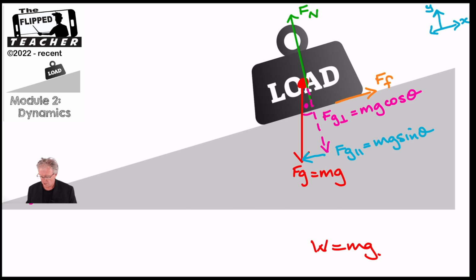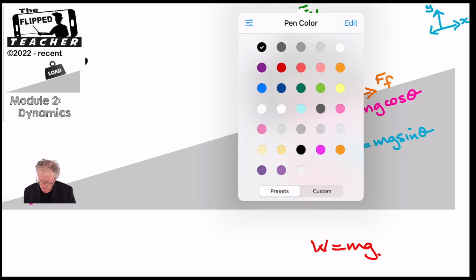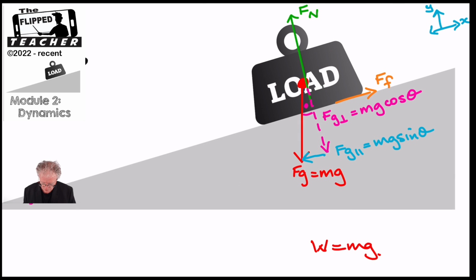Okay, so if I now do all of my forces into a single diagram, let's put one over here. Okay, so let's get our green back. So we had our normal force going up. We had our mg cos theta going down. We have our force of friction going that way.